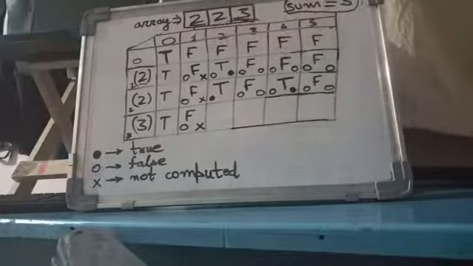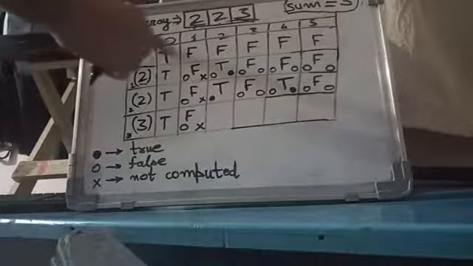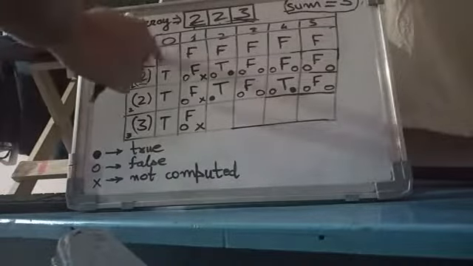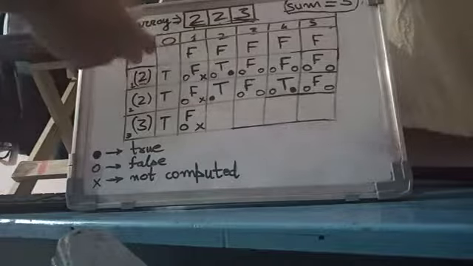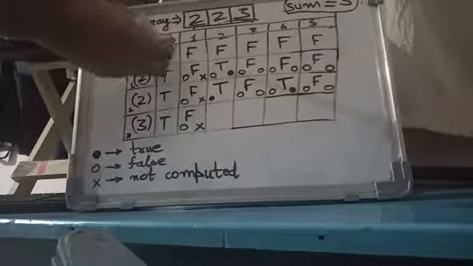So the table goes like this. I'll be putting the values. It's a boolean 2D array, so I'll be putting true or false.